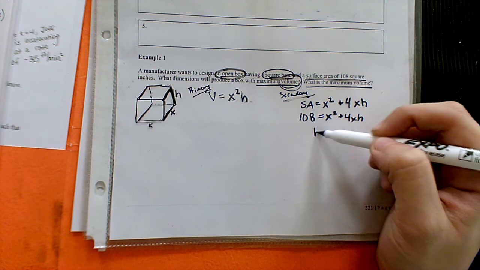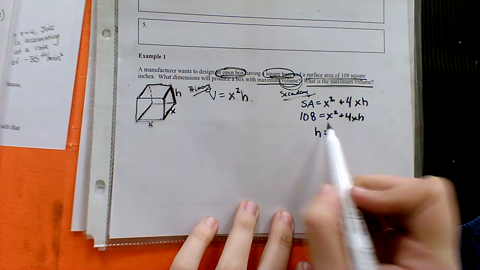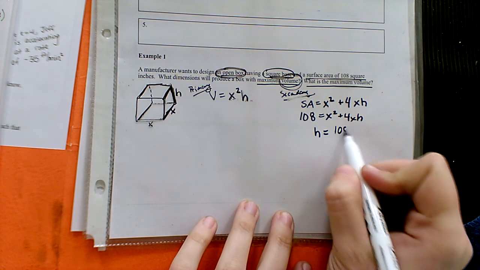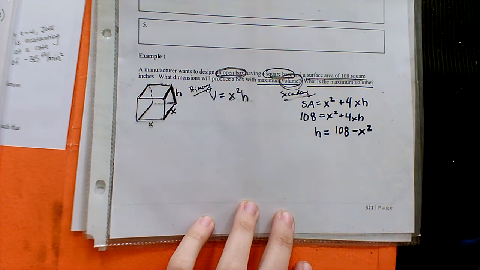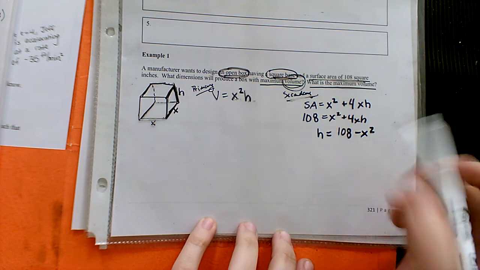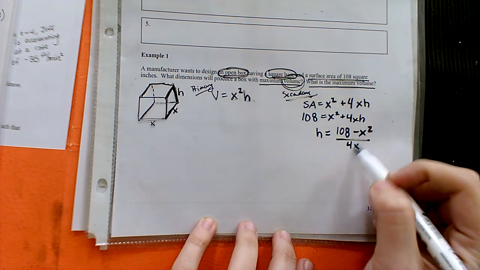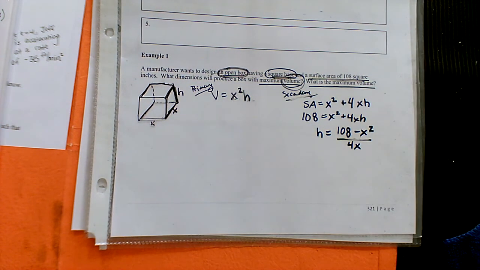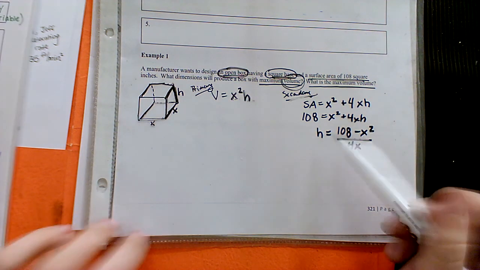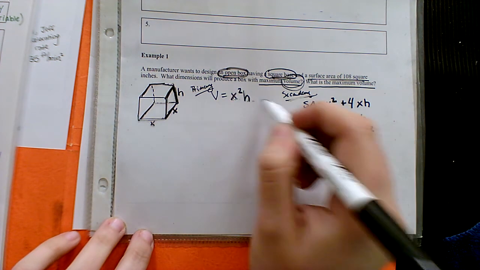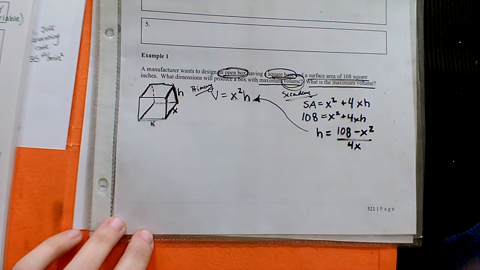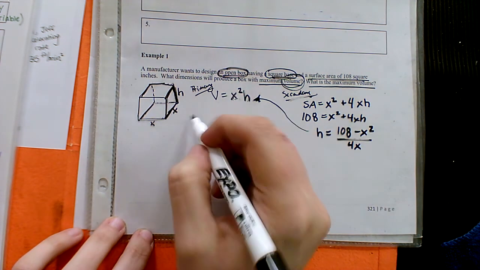So if we get h all by itself, we'd subtract the x squared and then divide by 4x. All right, so if this is h, we're going to substitute it into our primary or main equation.